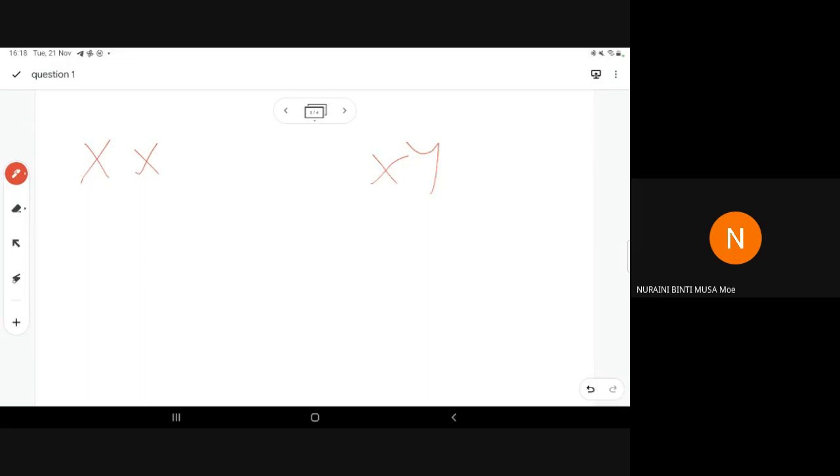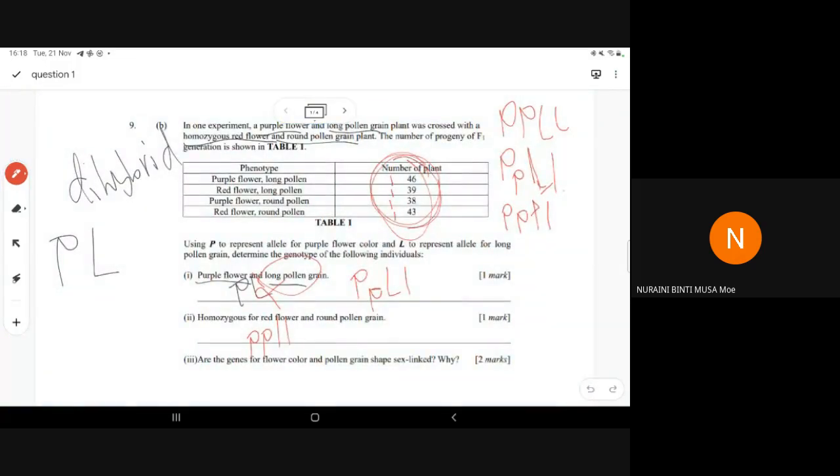Okay, how do we know dia bukan? Sebab again, ratio dia cantik 1 to 1 to 1 to 1. Kalau dia follow Mendelian ratio yang kita bincang, test cross 9331, test cross 1111, self cross 9331, that means dia tak ada kacau dengan sex link, dia tak ada kacau dengan multiple alleles, dia tak ada kacau dengan codominance, okay, incomplete dominance, semua tu tak terlibat because 1111 is still a Mendelian ratio.